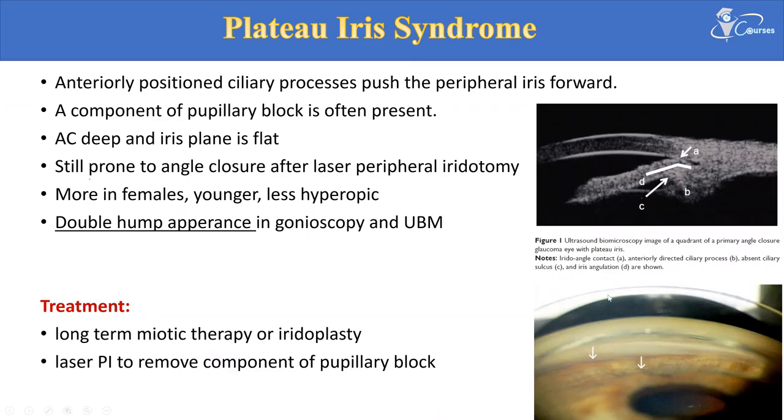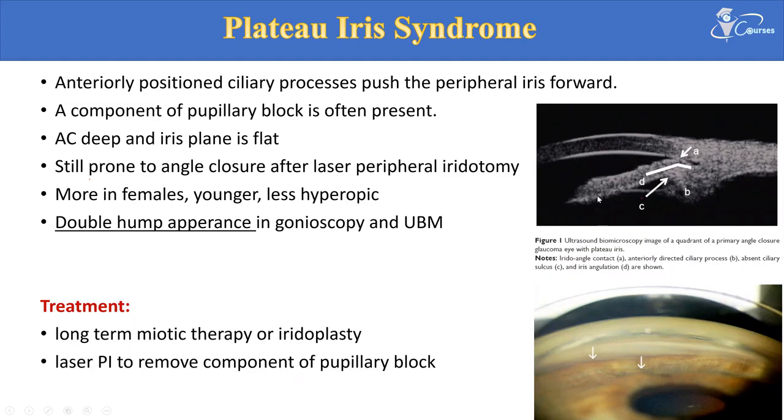When you examine them, they will not show the typical shallow anterior chamber of primary angle closure, but they will show a deep anterior chamber with a flat insertion of the iris, a flat iris plane. Those patients could also have an element of pupillary block, which could happen due to the flat iris plane. So laser peripheral iridotomy could still be beneficial in those patients.